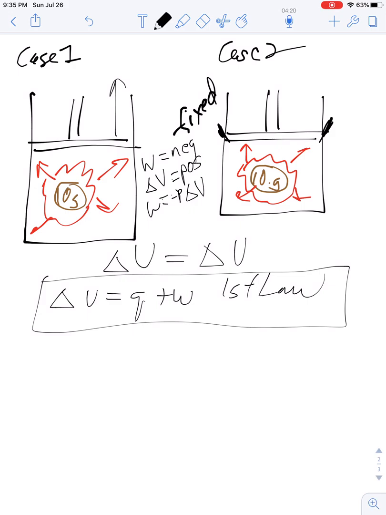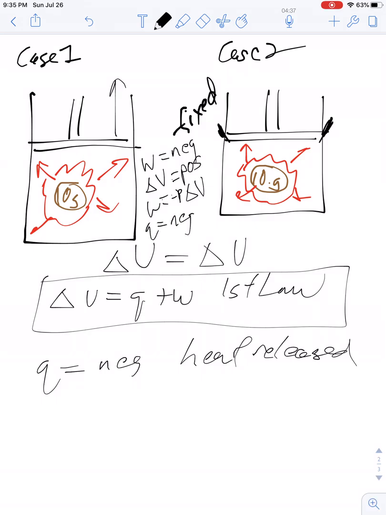Now, if heat is being released, Q would be negative. So in both scenarios, heat is being released, so Q must be negative. However, in case 2, what is my work? Is my volume changing? No. The volume change is 0, so my work must be 0.